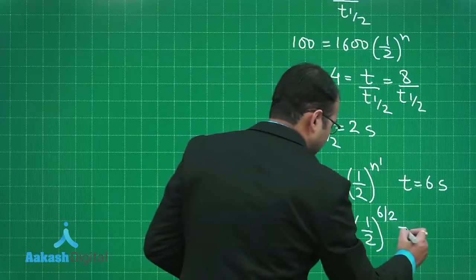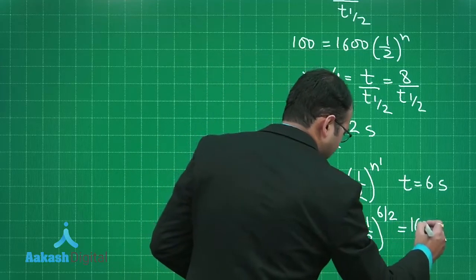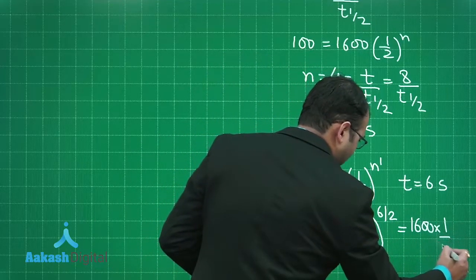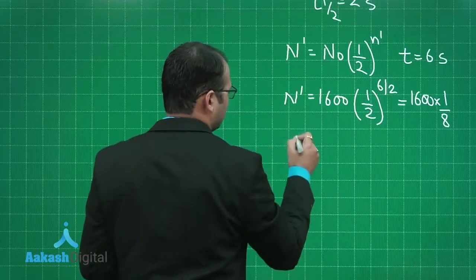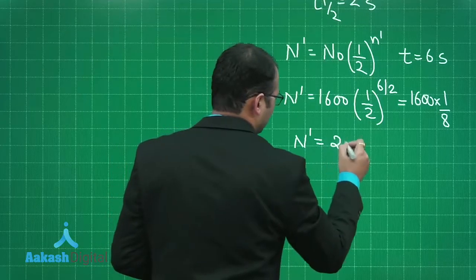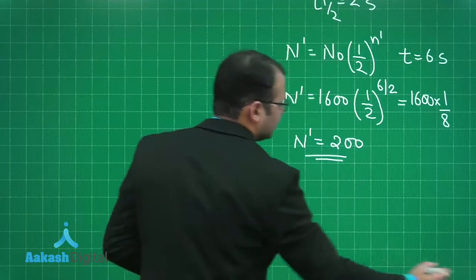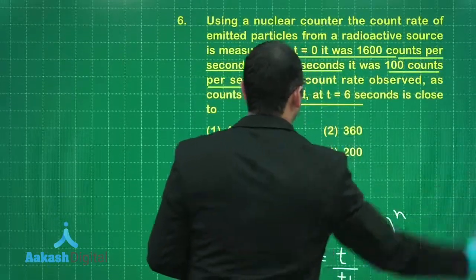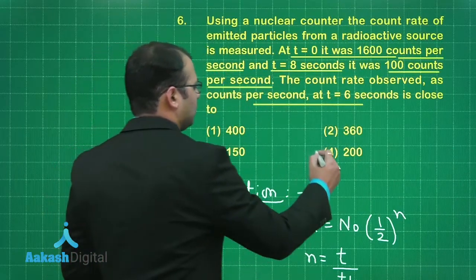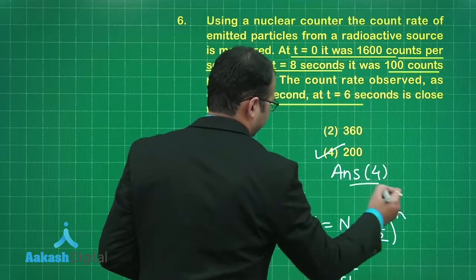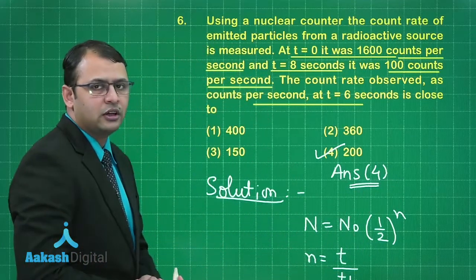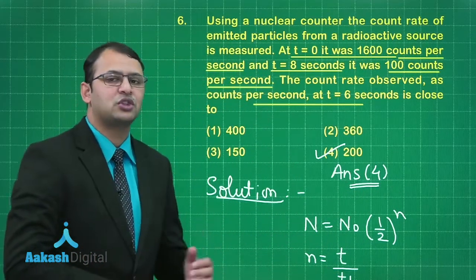And when you solve this, you will get 1600 into 1 by 8. So certainly this N dash will be equal to 200. Let's see which is the best suited option here. Among the 4 options given, option number 4 is the correct answer, right? So let's move on to the next question, that is question number 7.